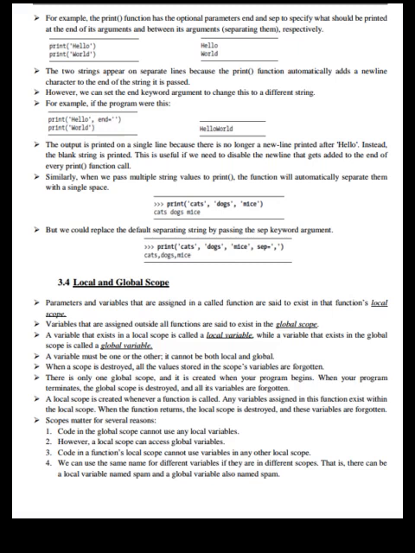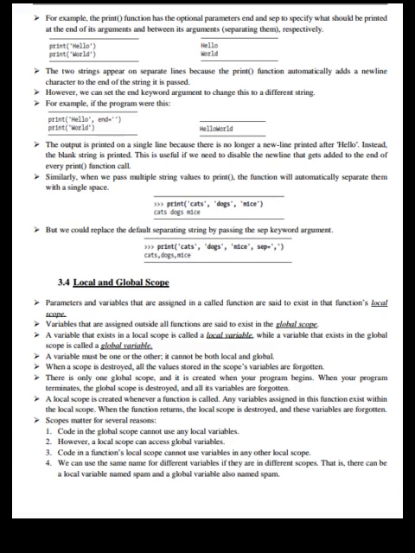However, we can set the end keyword argument to change this to a different string. For example, if the program were this, see here. The output is printed on a single line because there is no longer a newline printed after hello. Instead, the blank string is printed.